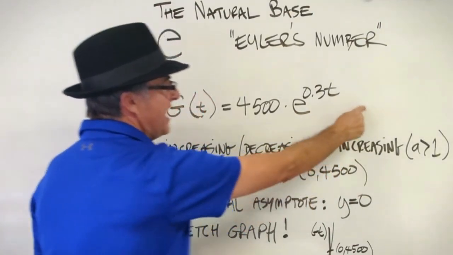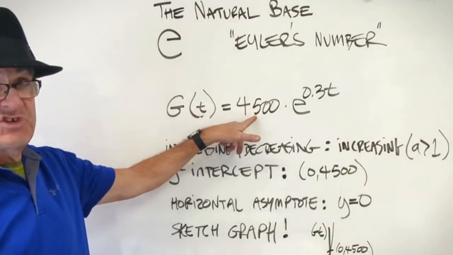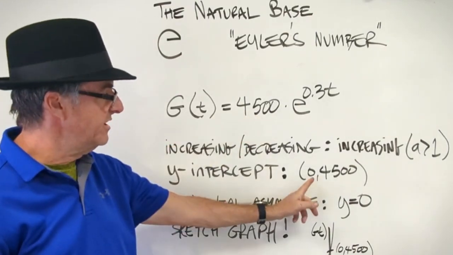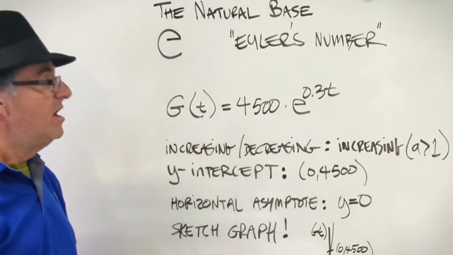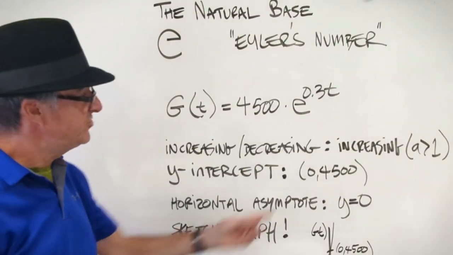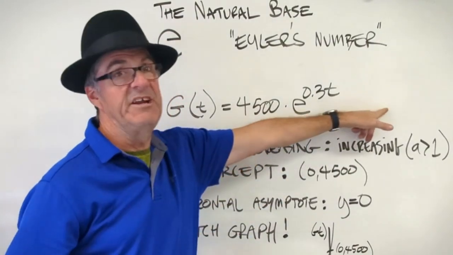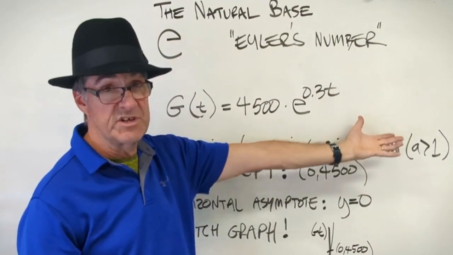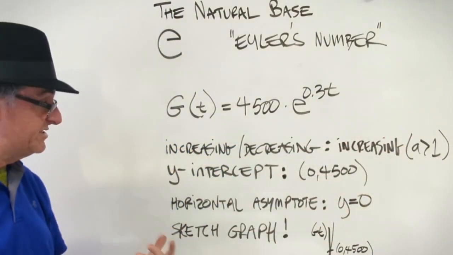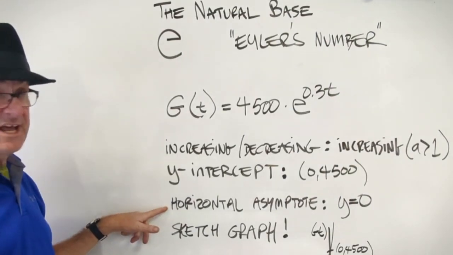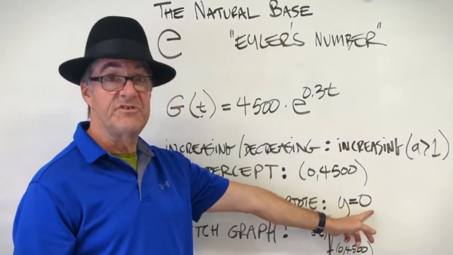Well, we don't have anything added, so the y-intercept is just this 4,500, or more accurately, the point (0, 4,500). That's our y-intercept. Our horizontal asymptote is just the term that's out here. So if it was plus 5, that would be the horizontal asymptote. But again, we have a plus 0 out there. We don't write it, but it's there. So the equation for the horizontal asymptote is y equals 0.